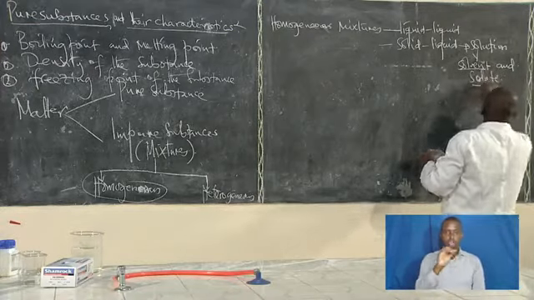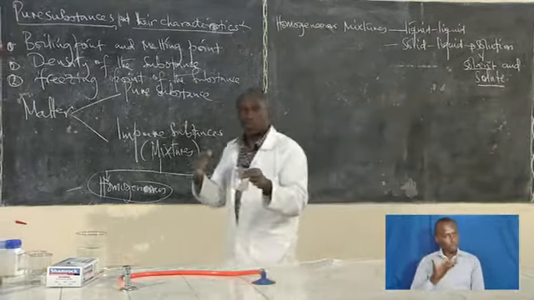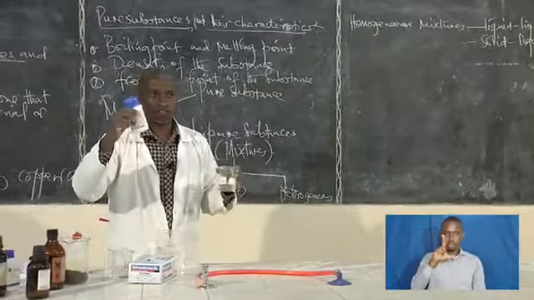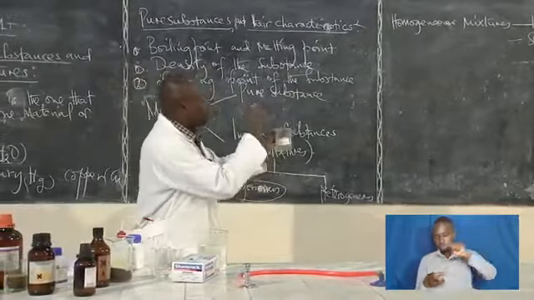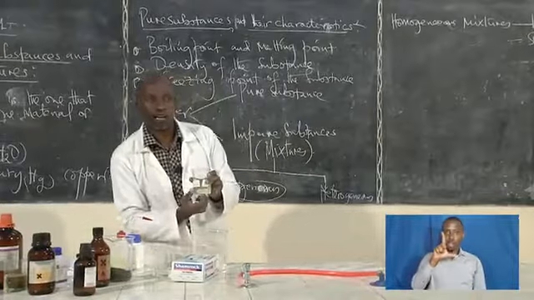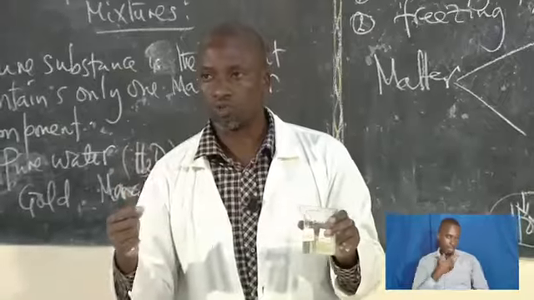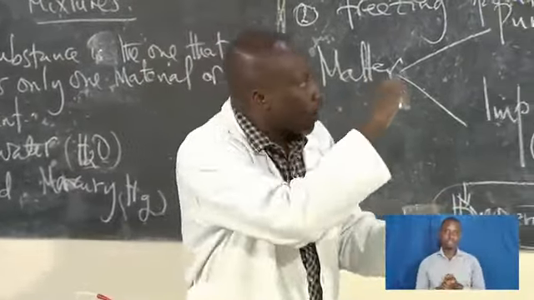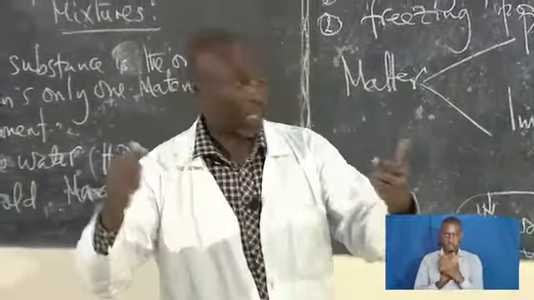You have solute and solvent. The solute is this substance that we had put here, and the solvent is the water that dissolved the solute. So that is one example.